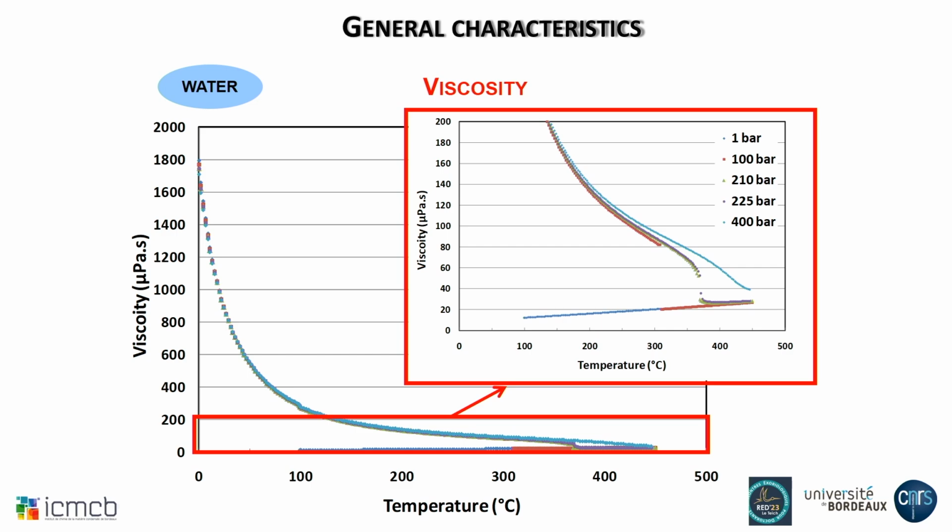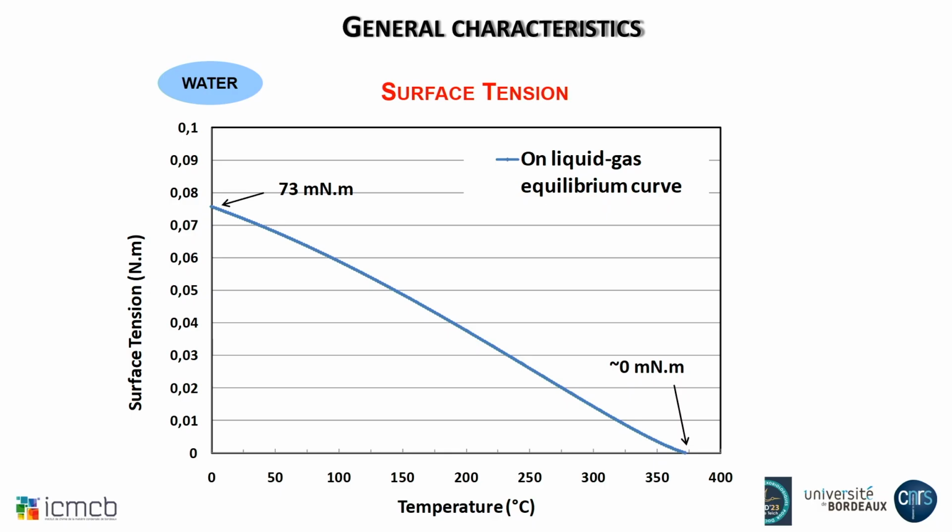You don't have that much of pressure drop compared to something that is really viscous. More interestingly, surface tension. Surface tension is 73 millinewton per meter for water at room temperature. And it goes down to 0 because when the fluid is supercritical, you don't have any surface tension. The way I can explain that is that you have the disappearance of the interface between gas and the liquid water.